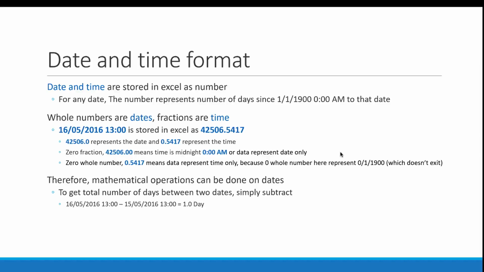Now, because dates are numbers in Excel, we can actually do some mathematical calculations on them. We can find out how many days are between two dates. We can do other calculations that classify days in a certain manner. So you can do some mathematical comparisons. This is what I'm after here.